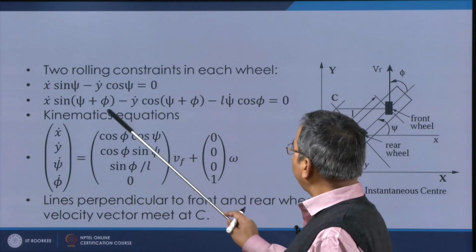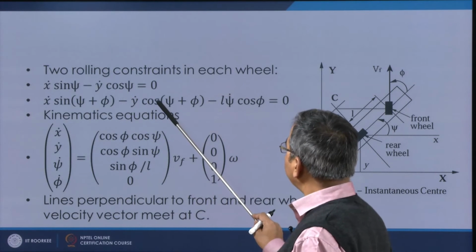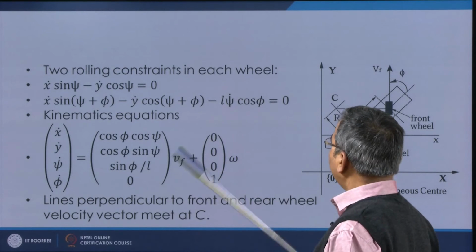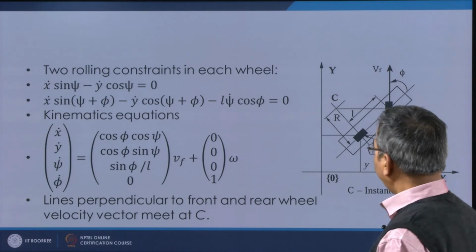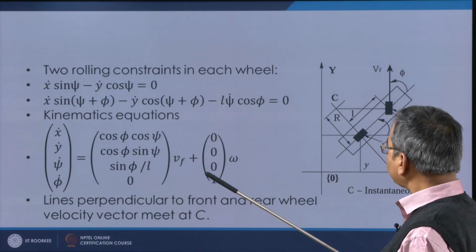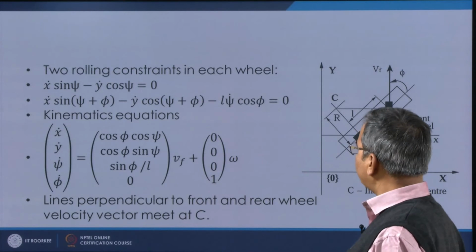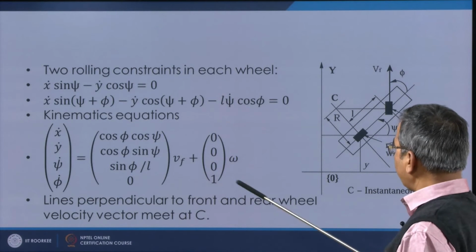And here you can see that this term is because of the translational velocity and this term is because of the angular velocity that is there. Okay. So these are the constraints in each wheel.